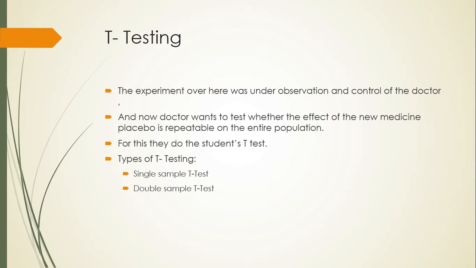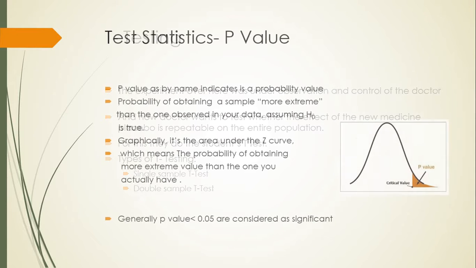So the experiment over here was under observation and the control of the doctor. Now the doctor wants to test whether the effect of the new medicine versus placebo is repeatable on the entire population or not. For this, they do the student's t-testing. The types of t-testing are single sample t-testing and double sample t-testing.